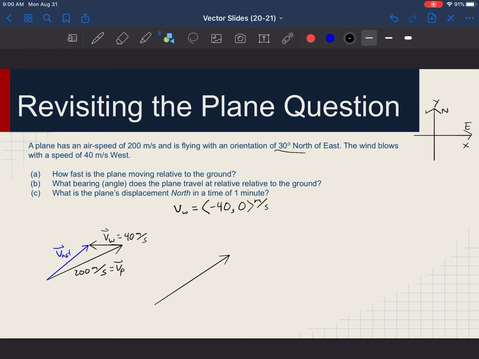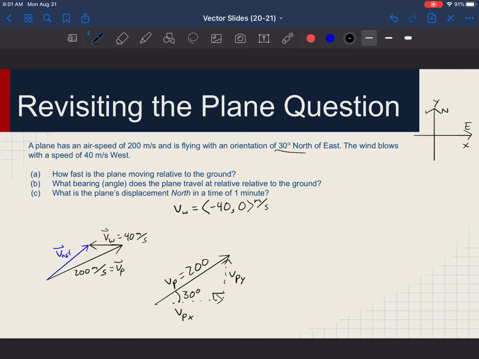It's pretty straightforward. V plane is a little trickier. So let's draw it out. We've got v plane x, v plane y. We know this angle is 30 degrees, and we know that the magnitude of v plane is 200. I'm going to leave off the units because I don't want it to get too crowded. Here we can use trig to find v plane x and v plane y.